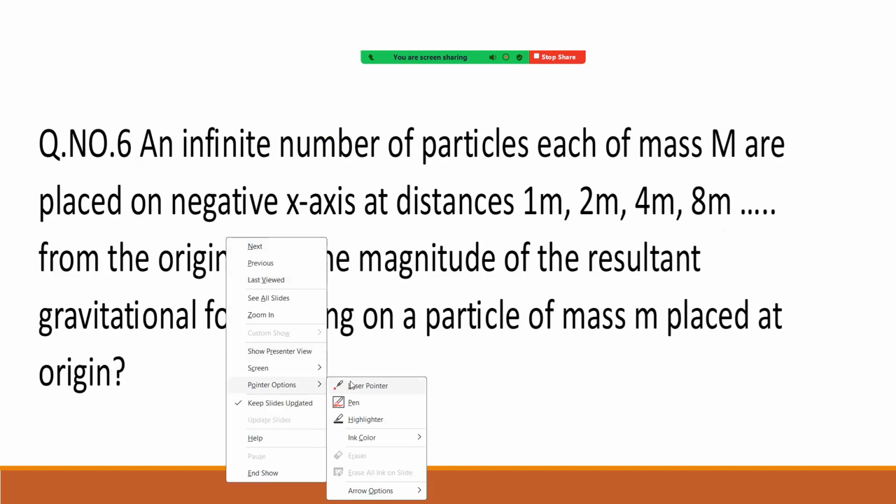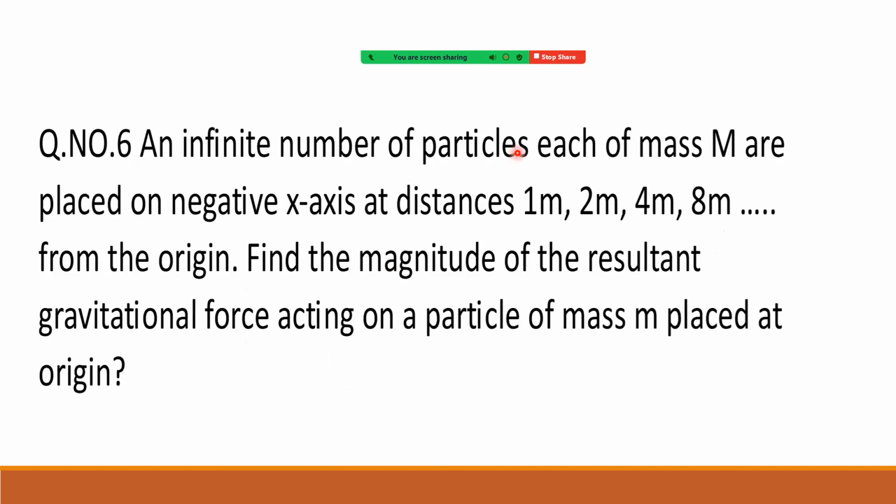An infinite number of particles, each of mass m, are placed on the negative x-axis at distances 1 meter, 2 meter, 4 meter and 8 meter and so on from the origin. So we are given distances here.